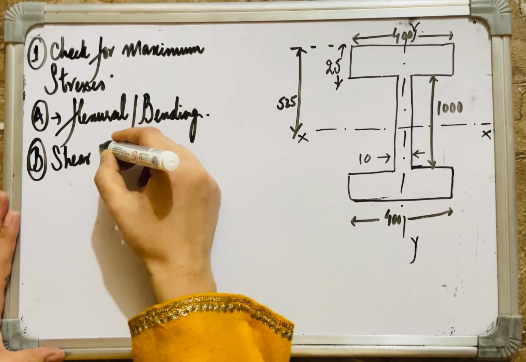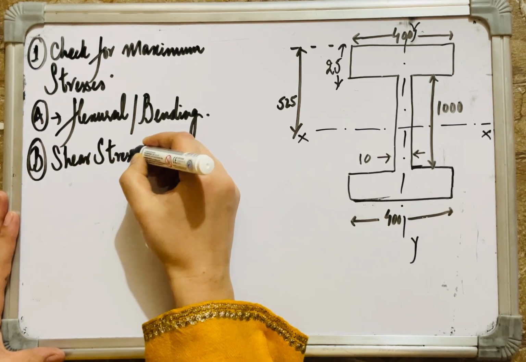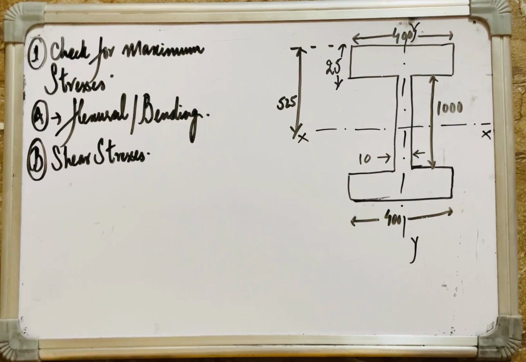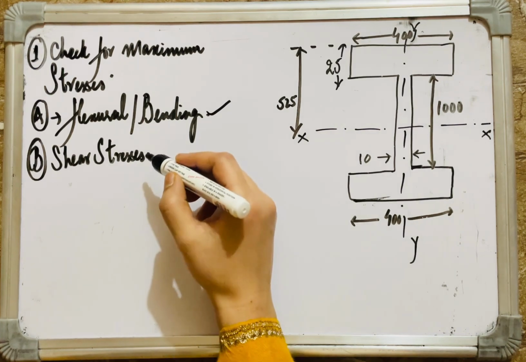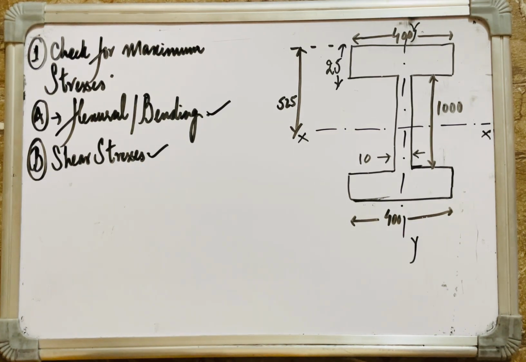So we have to check the trial section of the plate girder that we have chosen for designing the cross girder of our steel truss bridge for various stresses, flexural or bending stress, and shear stresses as well. Now one by one we'll be checking it.